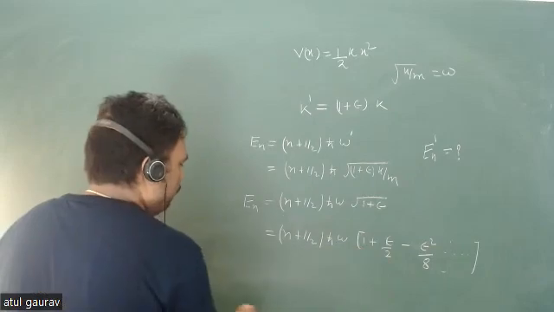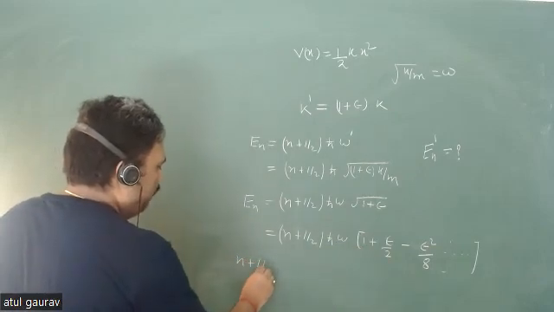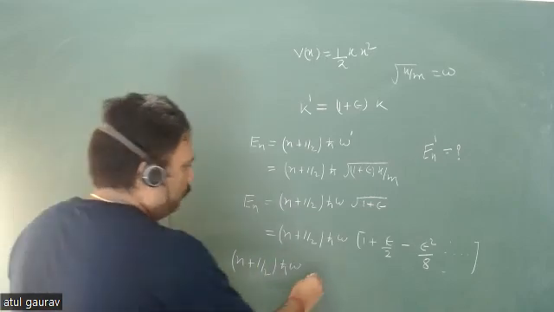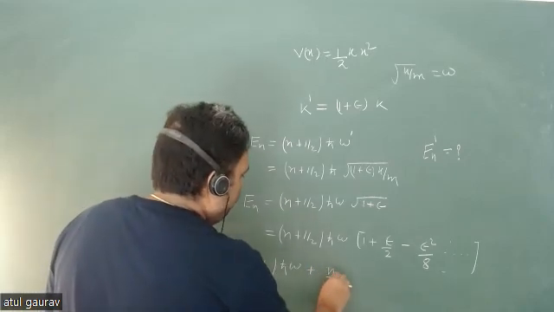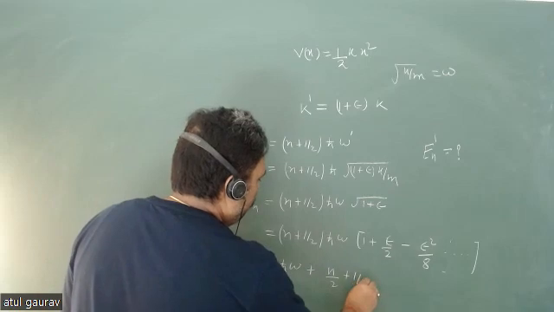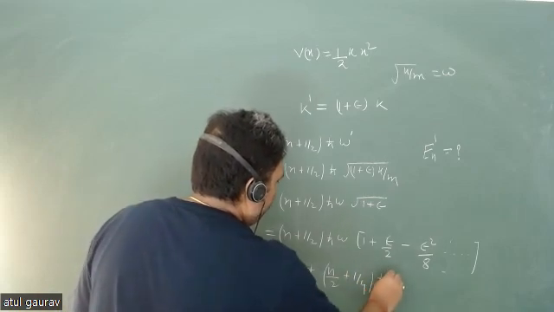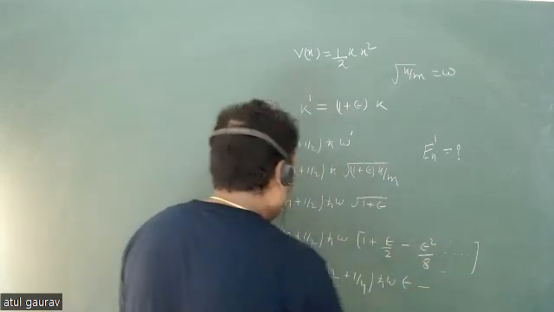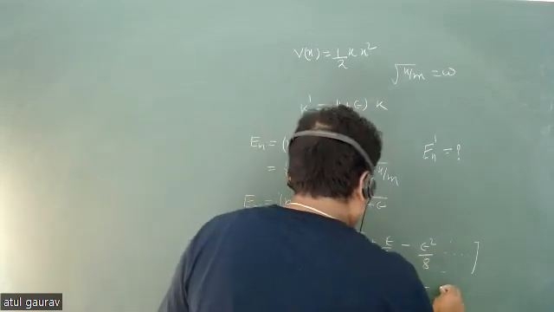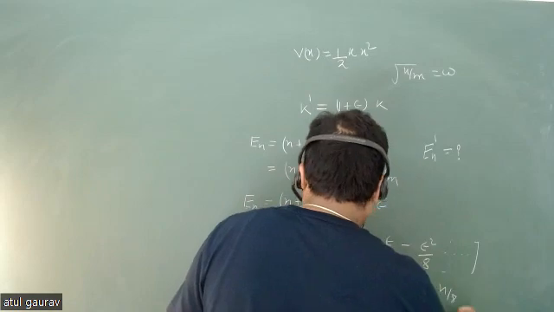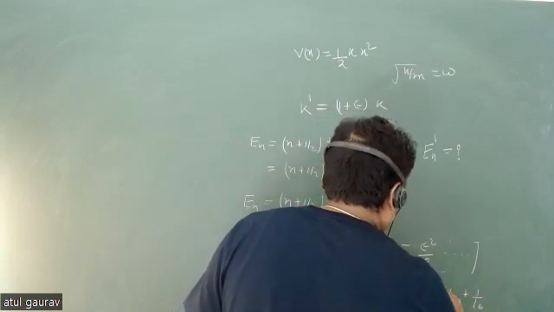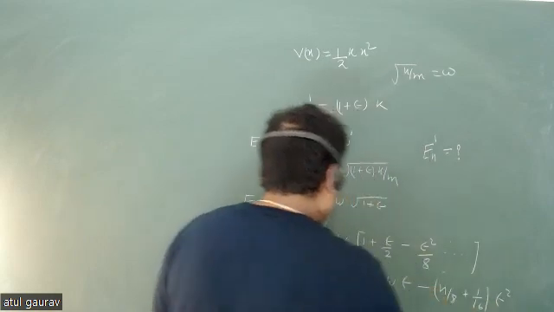So ये इसके साथ आ जाएगा. So that is (n plus half) h cut omega, that is original Hamiltonian, plus (n by 2 plus 1 by 4) h cut omega epsilon, and next level you can go for something like n by 8 plus 1 by 16 epsilon square with the negative sign.